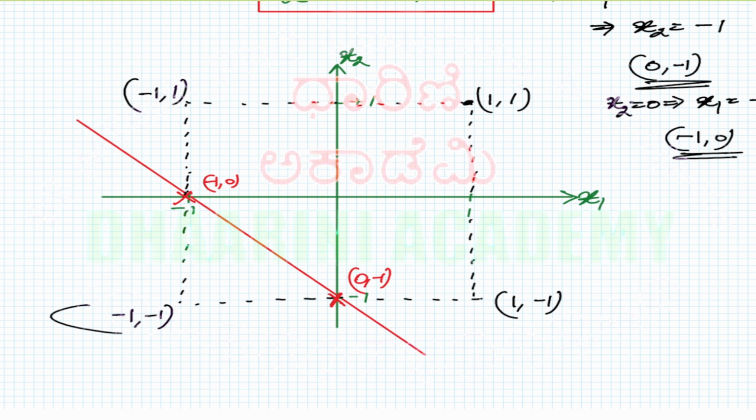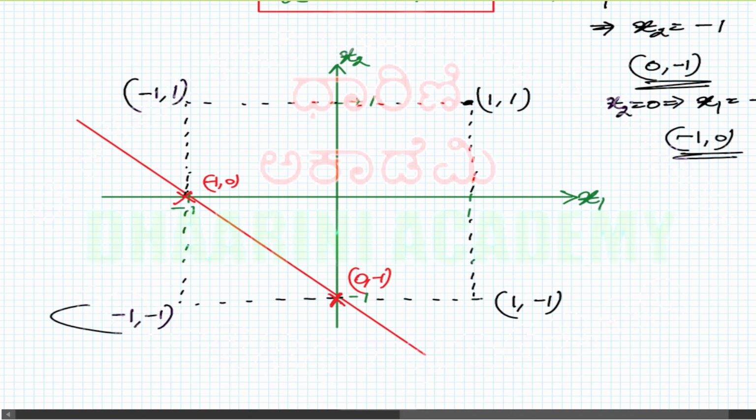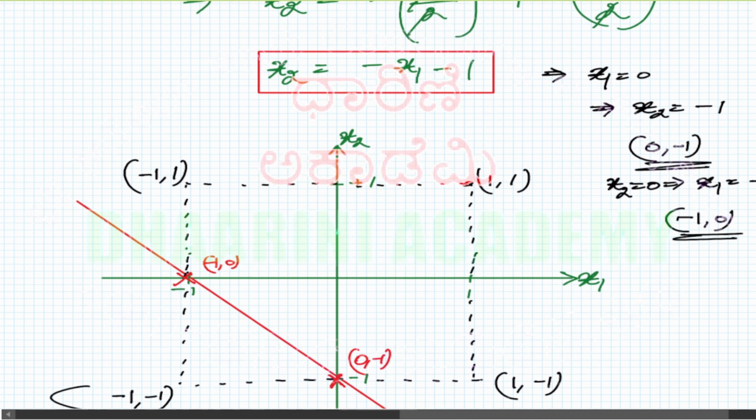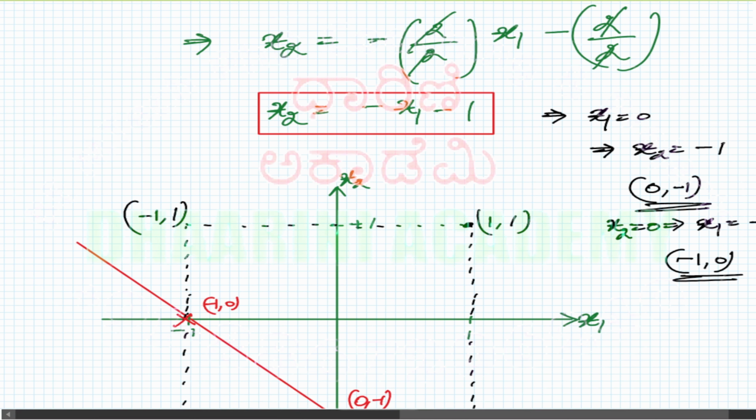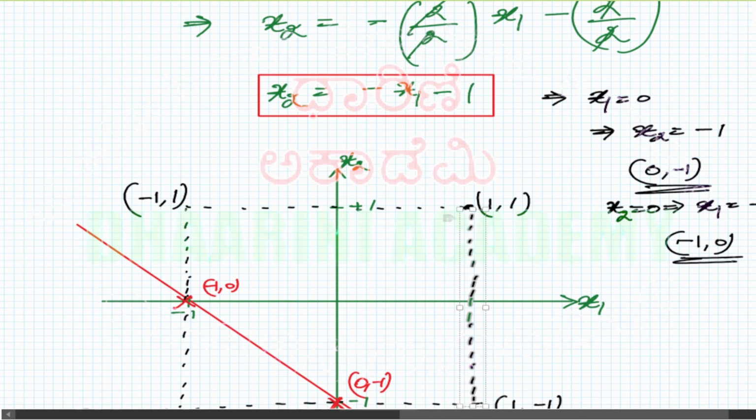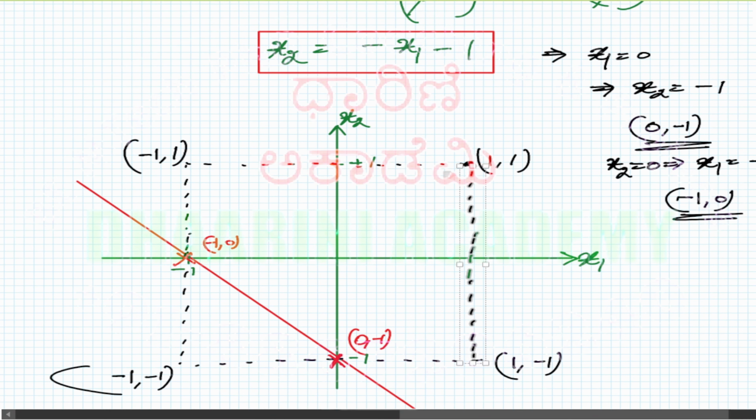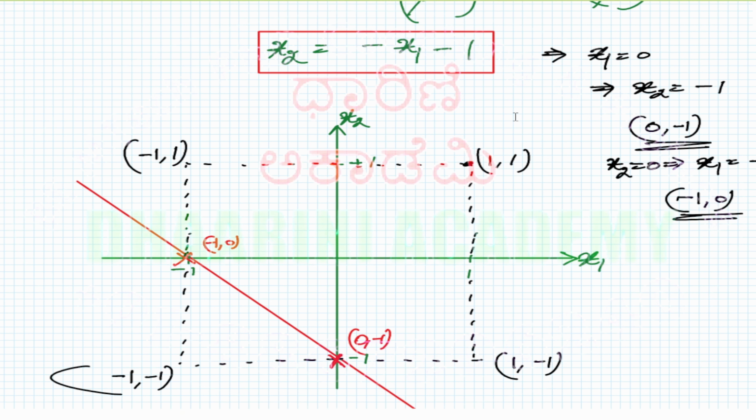Let's just recall what we did now. We started from this point and obtained the equation, which was minus 2 x2 is equal to minus x1 minus 1. In order to identify whether this line can classify our problem, we have to plot this line on the coordinate system and identify on which side of the line the points lie.